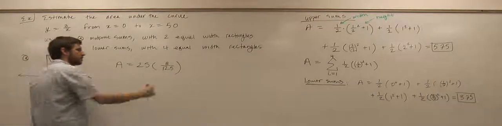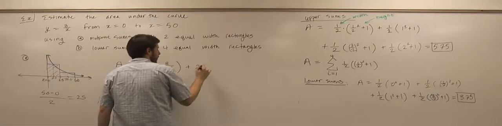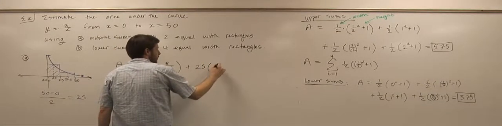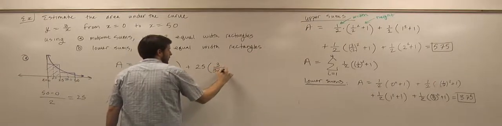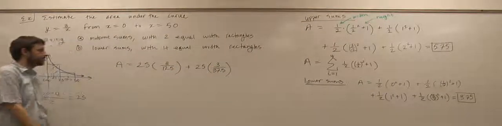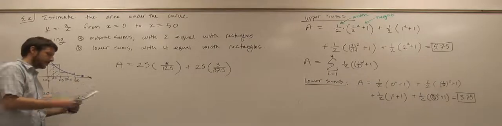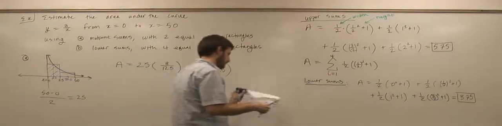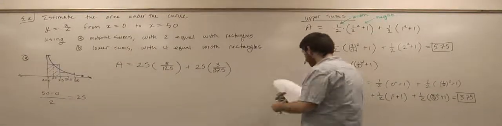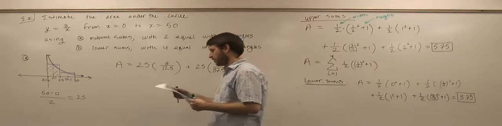Plus 25 is the width times 3 over 37.5. And you put it in the calculator. I got 8.